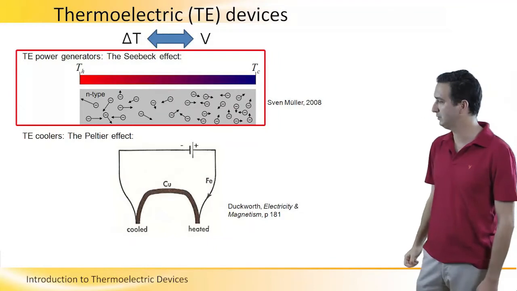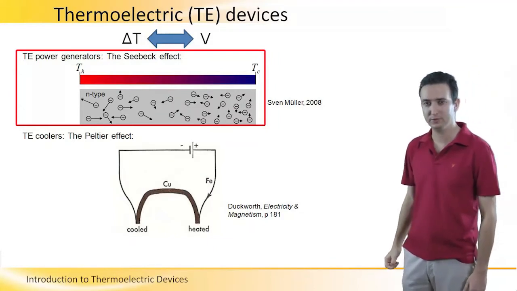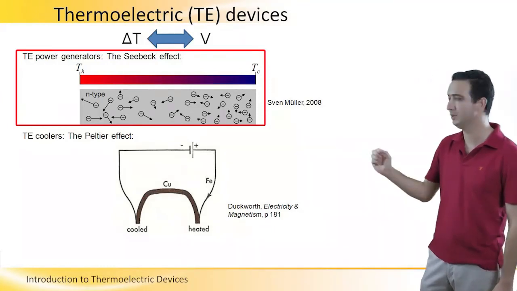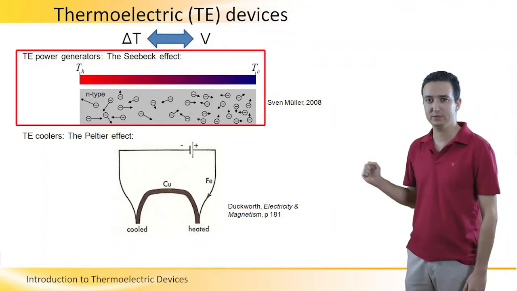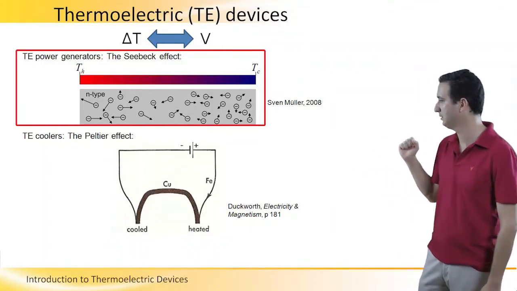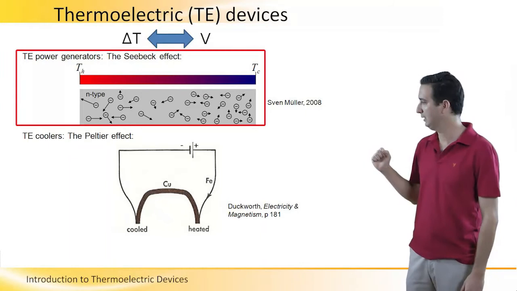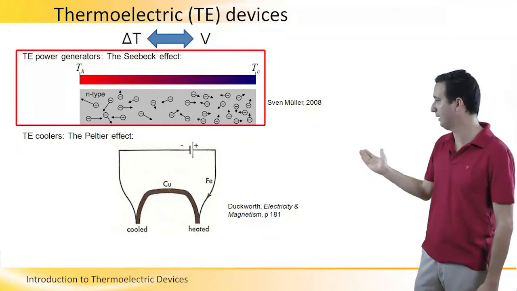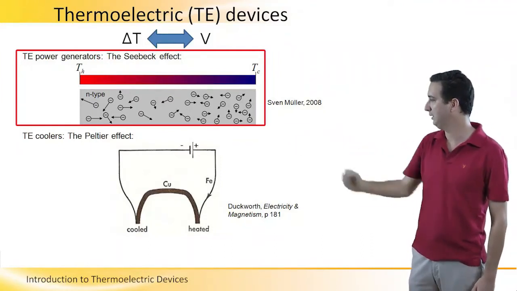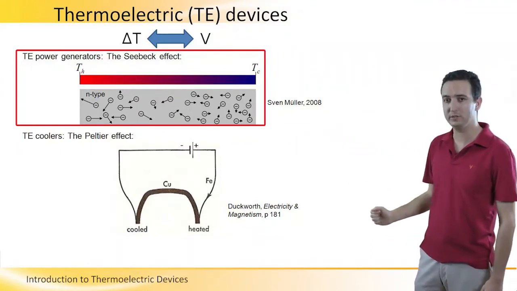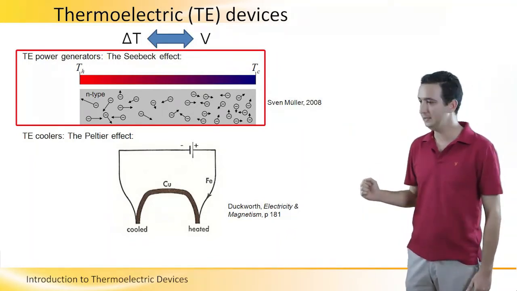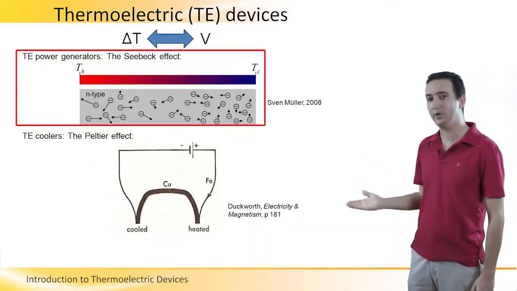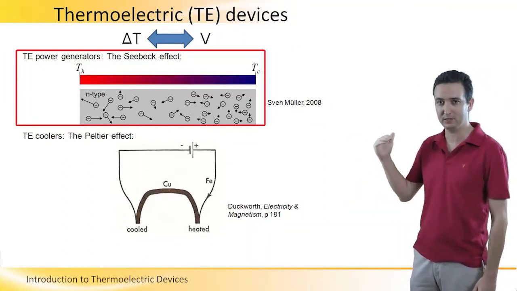The Seebeck effect is known for around 200 years, and in this effect, you have a material with free charge carriers, in this case a semiconductor of N-type, and once you apply a temperature gradient, usually by simply heating one side, then the free charge carriers, in this case the electrons, obtain energy from the heating, and they rise into higher energy levels.